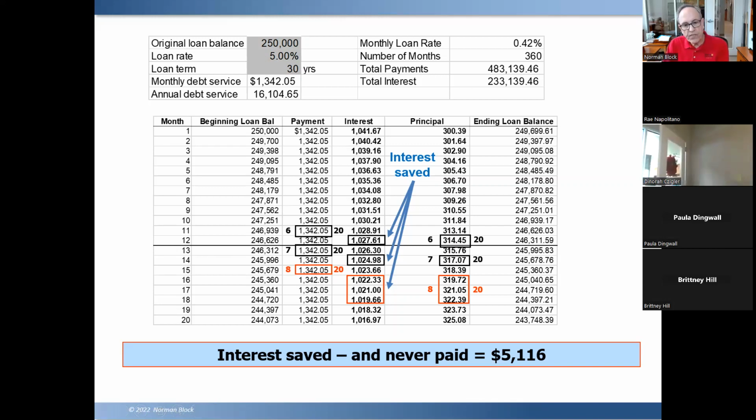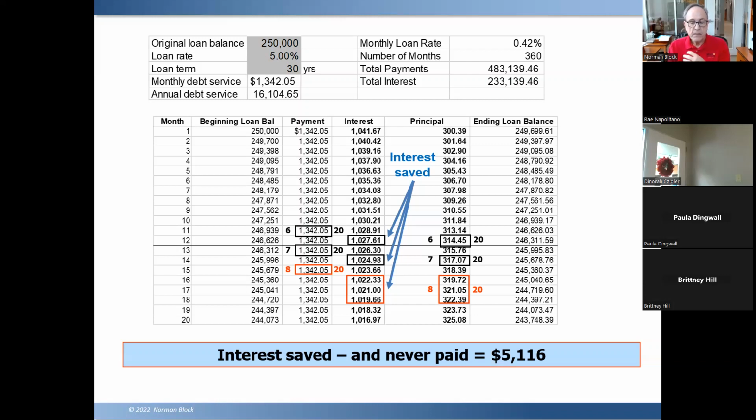We've been doing this for 3 months and we've eliminated 8 payments, and we've eliminated over $5,000 in interest that we will never have to pay. That's sort of mind-blowing, isn't it? What we're saying is we're moving more rapidly through those years or months that are mostly all interest, getting further into the loan where we begin to kill off some mortgage.